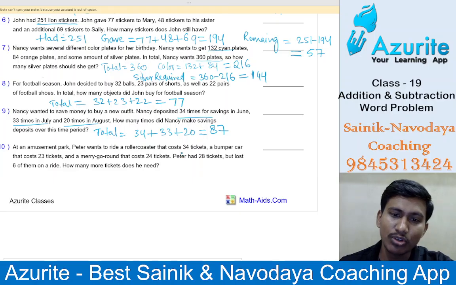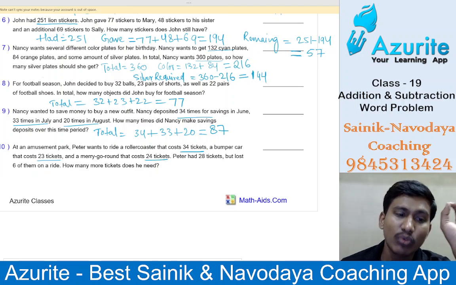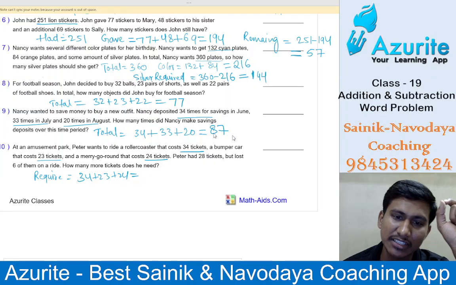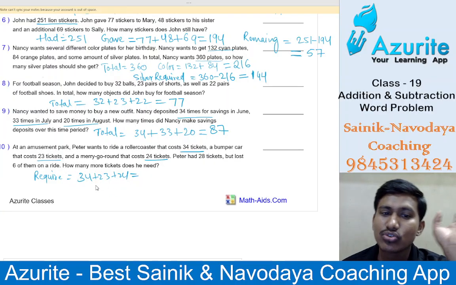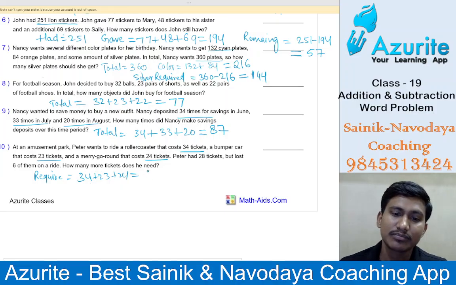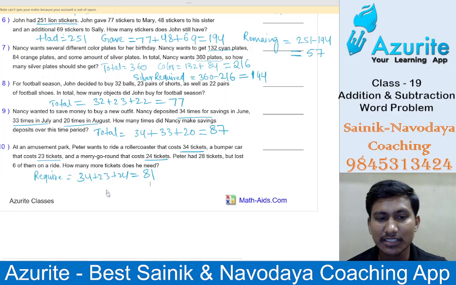So 34 tickets and 23 tickets and 24 tickets. The required total is 34 plus 23 plus 24. So add it. That is 57 plus 24, which will be 81. Right? This will be 81.